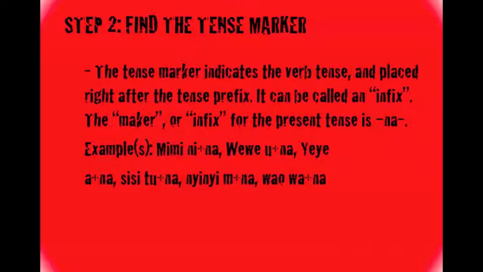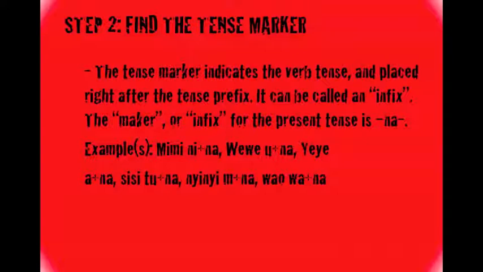So now we move on to step 2, finding the tense marker. The tense marker indicates the verb tense, as you might have guessed, and is placed right after the subject prefix. It can also be called an infix. So the marker, and that's actually a typo, verb marker, but the marker or infix for the present tense is na. So first we have to know who we're talking about.